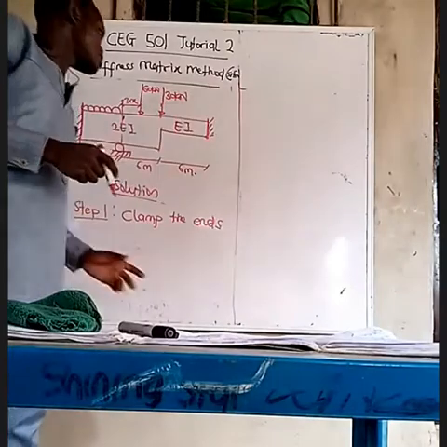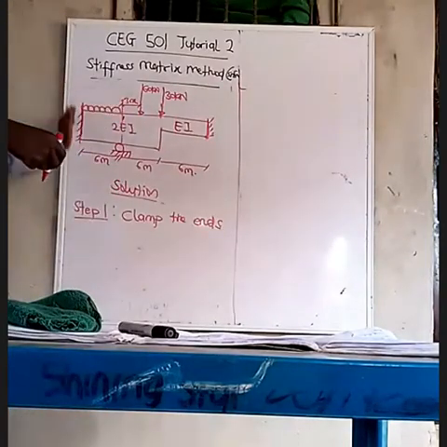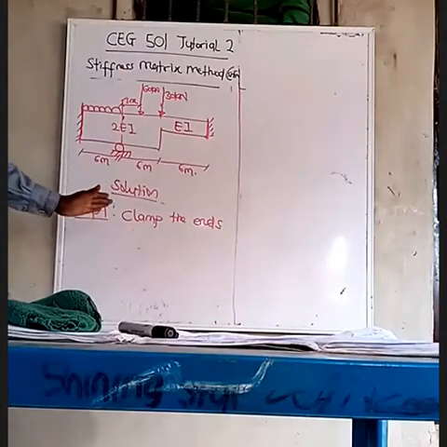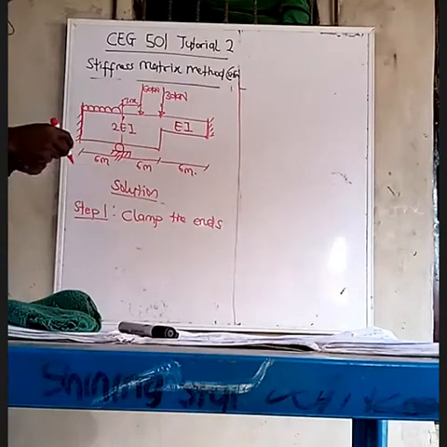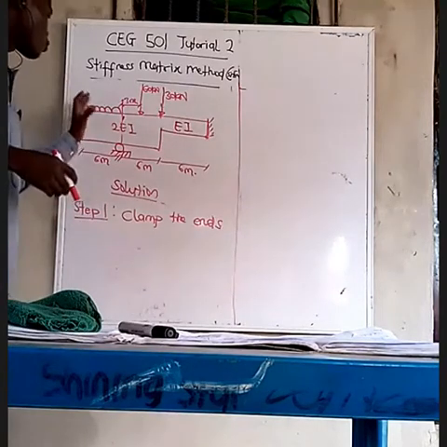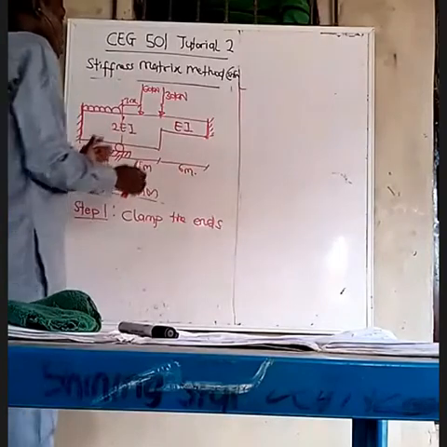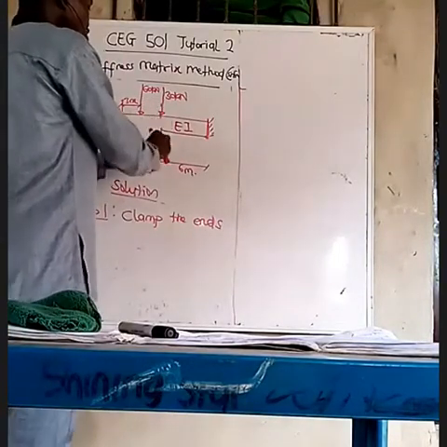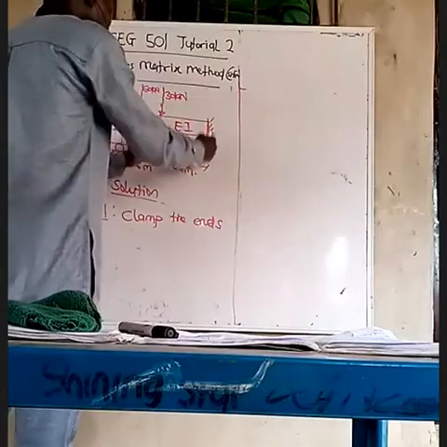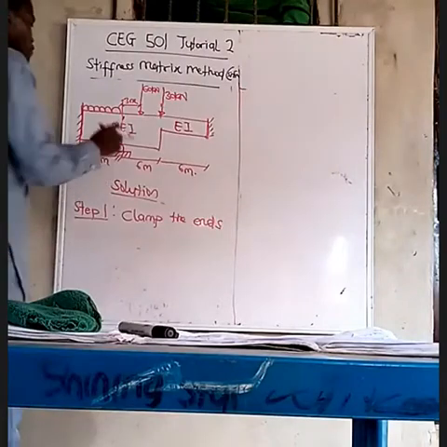There is a change in section, so you have to clamp this end and this end. Now, when there is a UDL, you clamp the ends of that UDL. You understand? Let me explain that again. When we have a UDL, you clamp the ends of the UDL. When we have the point load, you don't really need to bother yourself about the point load. But when we have a change of section, you clamp the changes in the section.